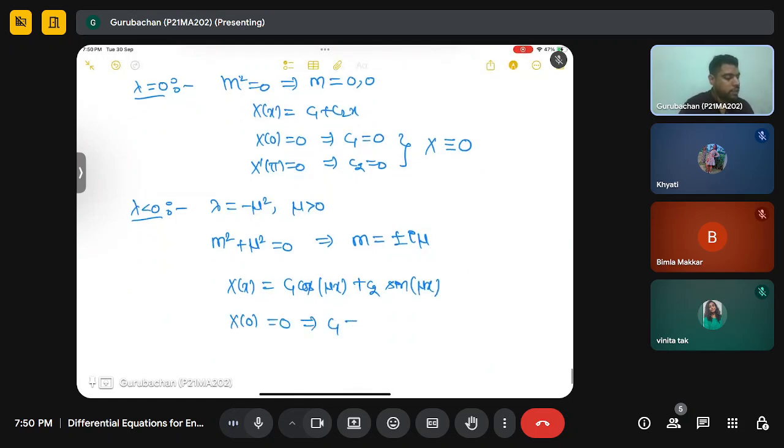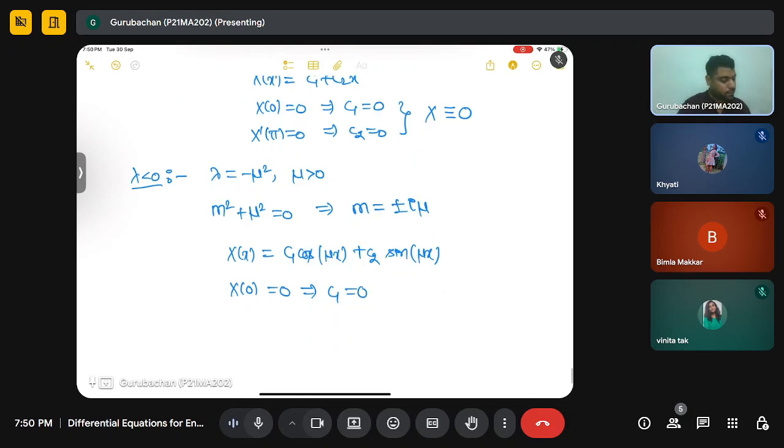This implies c1 has to be 0, and since X dash of pi is 0, this implies c2 mu cos mu pi has to be 0.